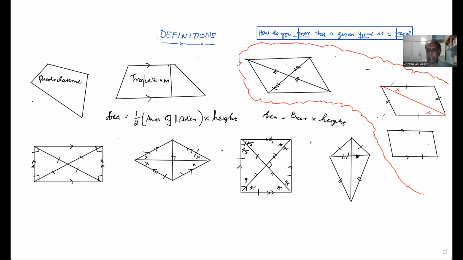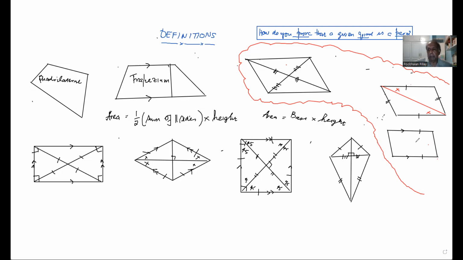Then you say, but wait a minute, these angles are alternate angles. And if alternate angles are equal, then these two lines will have to be parallel. And likewise, you can show that those two lines are parallel, and the opposite sides are parallel, therefore it's a parallelogram. Right?